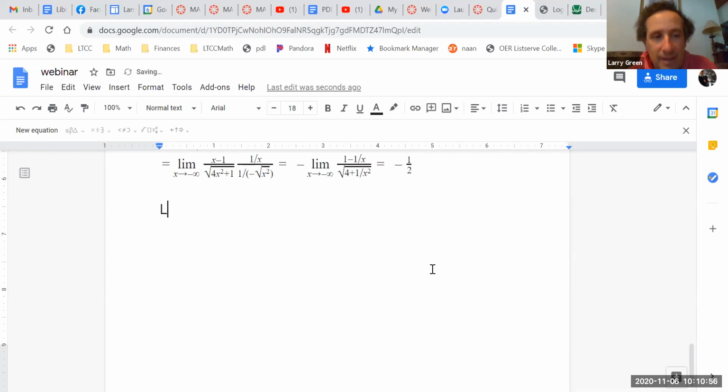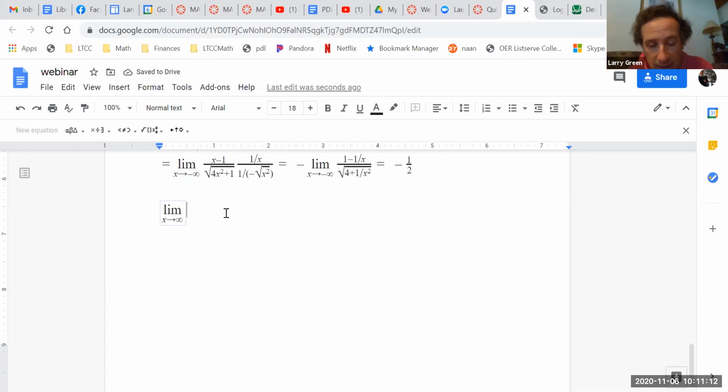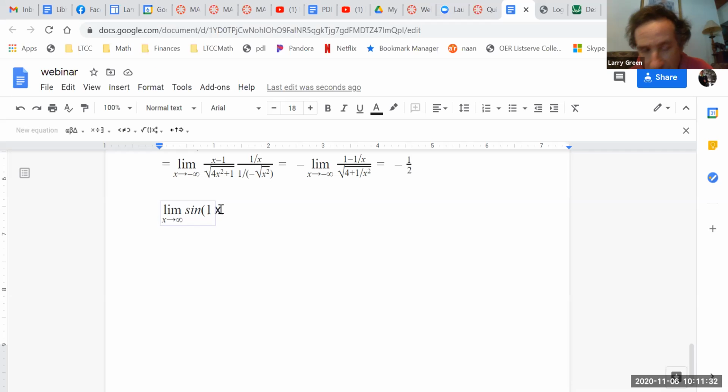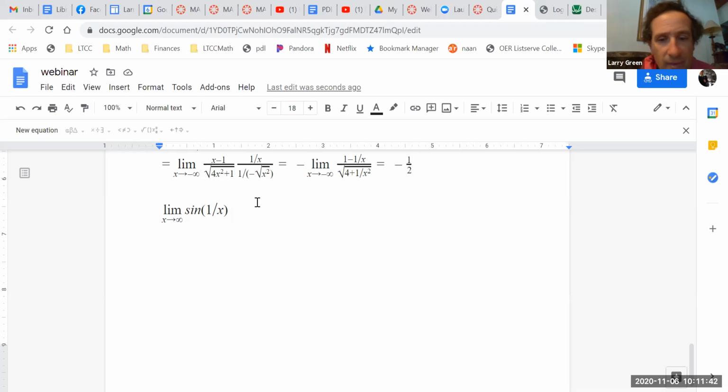What if I took the limit as x goes to infinity of the sine of 1 over x? Can we do that? Does that have a limit?